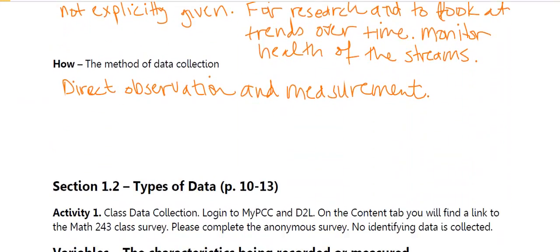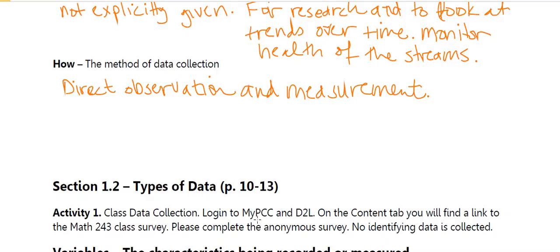to types of data. So we've seen some variables already and a little bit about data. So before we do types of data, if you're in my class and you haven't already, you can log in to my PCC and D2L, which is, there's a D2L login link on the first page on the left, about halfway down.